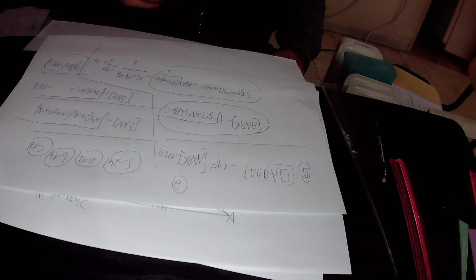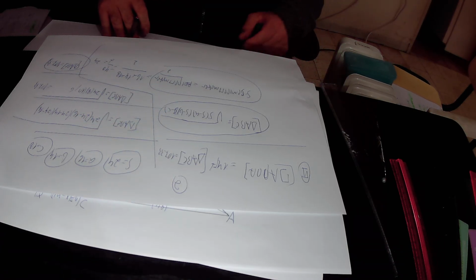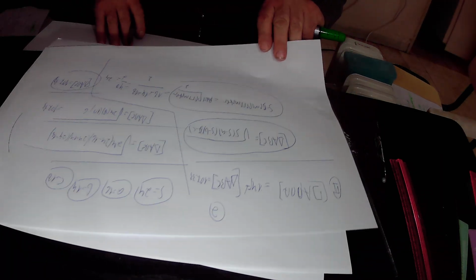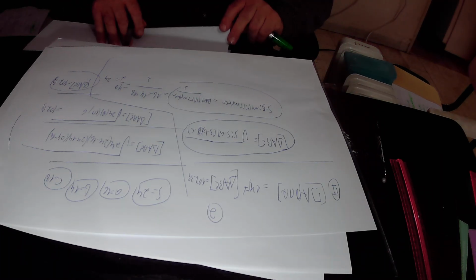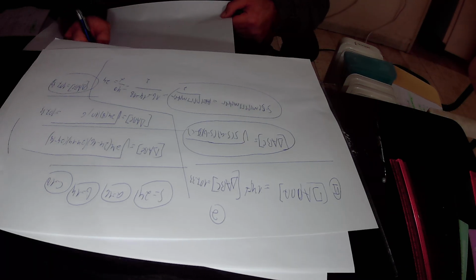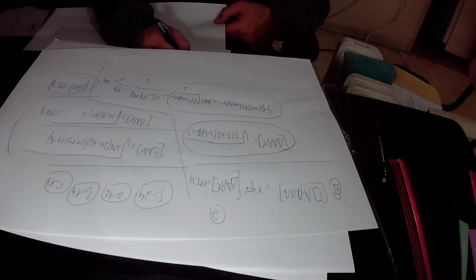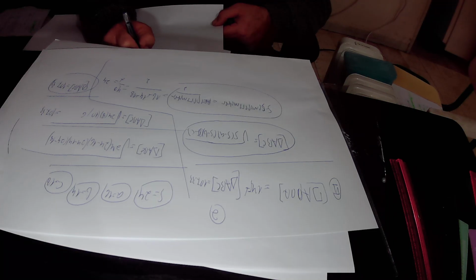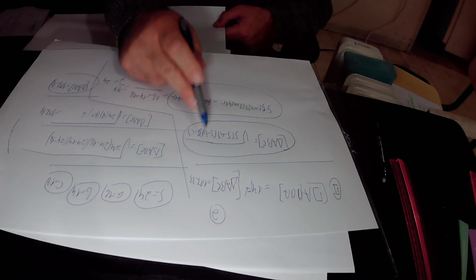So according to the second method of calculation, I found out that the area of this big quadrangle APOQ is equal to 14R plus 107.33.